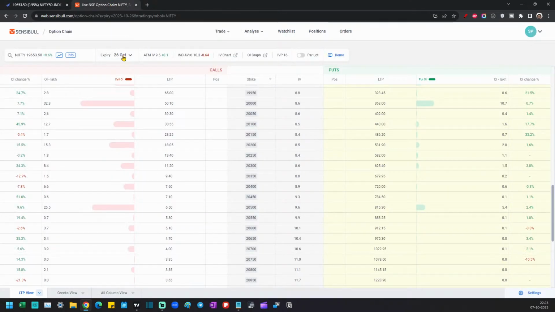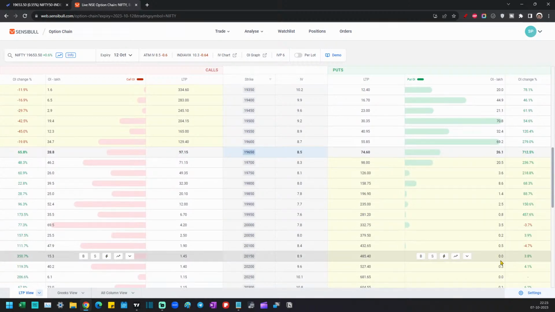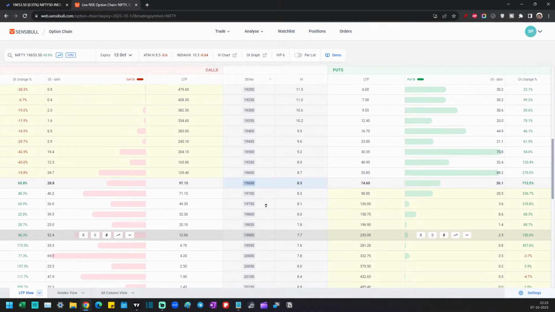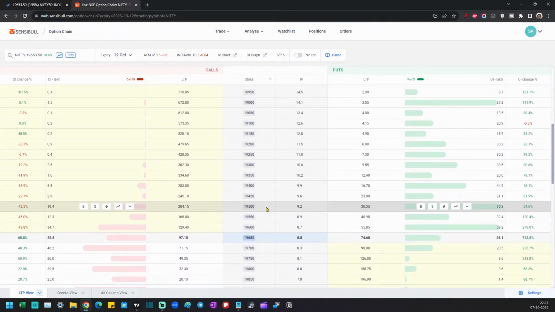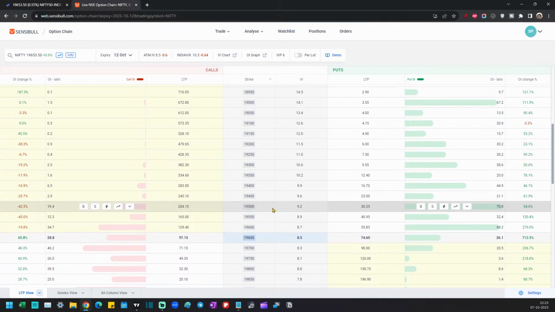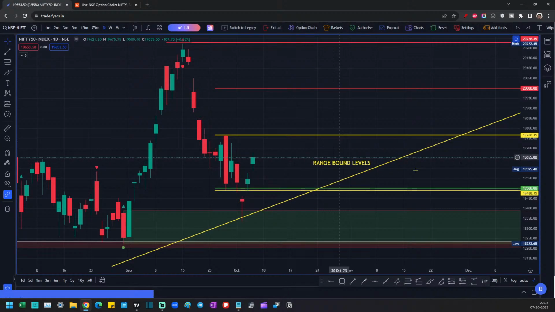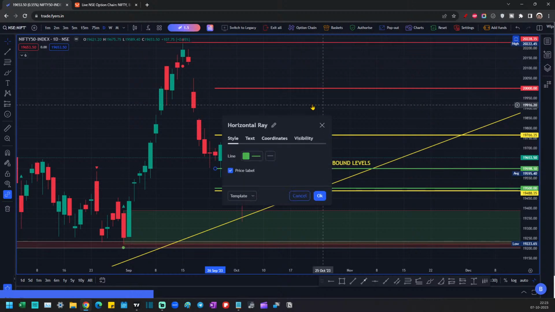Now, getting back to the coming 12th October, which is Thursday's expiry for Nifty. Where can I see the highest support being built? Very close to the price range, very close to the at the money. The highest support is building at two places, again at 19,500 and also at 19,600.